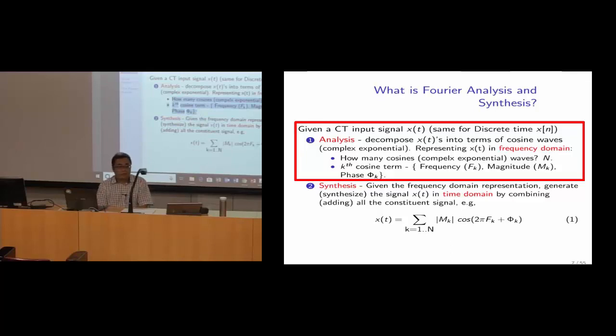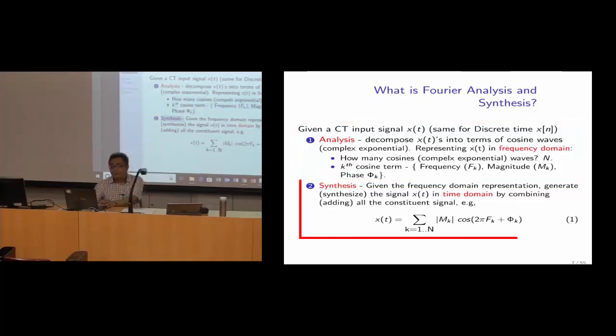So specifically, given an unknown signal x of t, we break it down into cosine waves. We find out how many cosine waves are needed to construct the original x of t, and for each cosine wave, which frequency it is at, what is its magnitude, and what is its phase. With that understanding, we can now reconstruct x of t. That is the business of the synthesis.